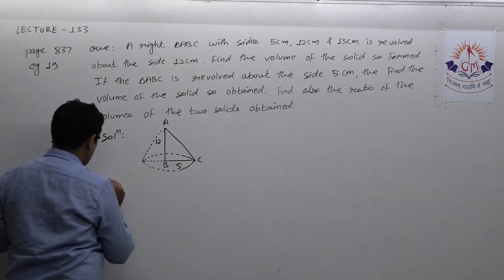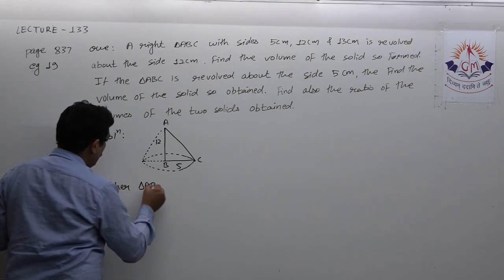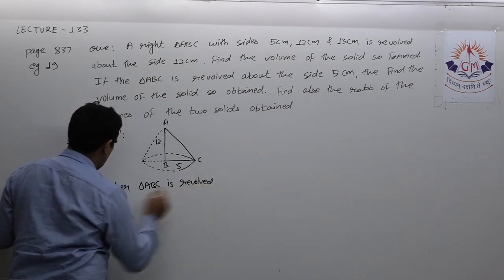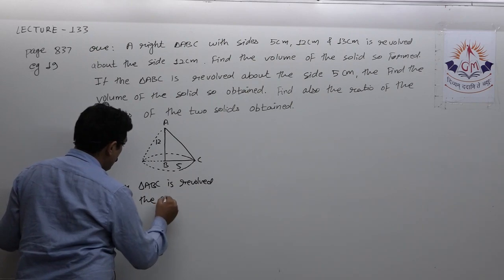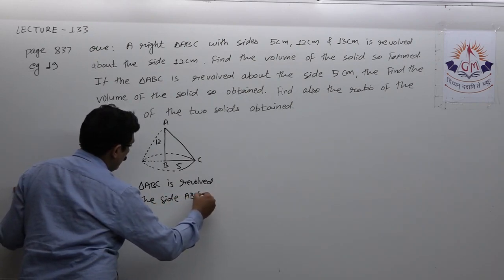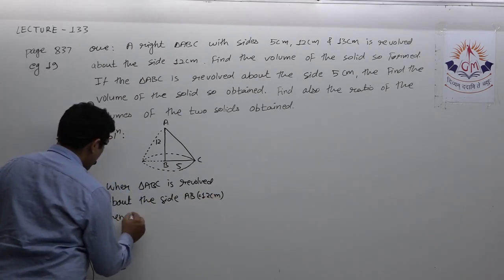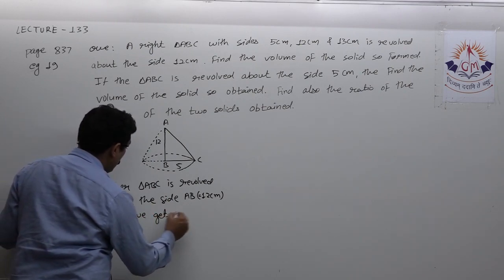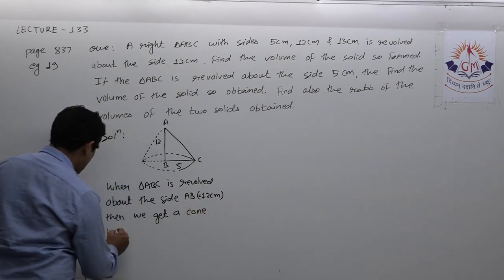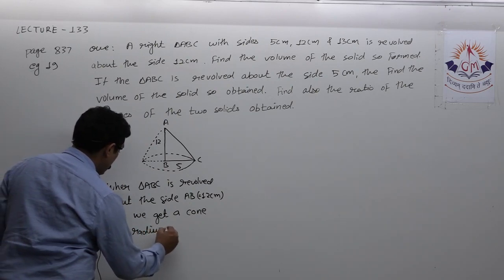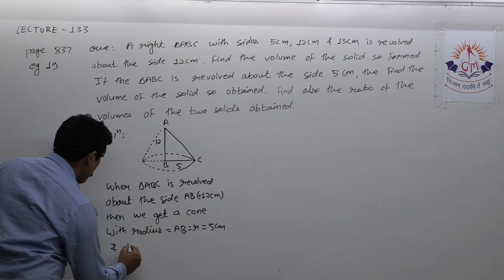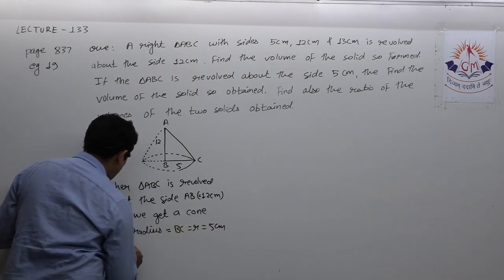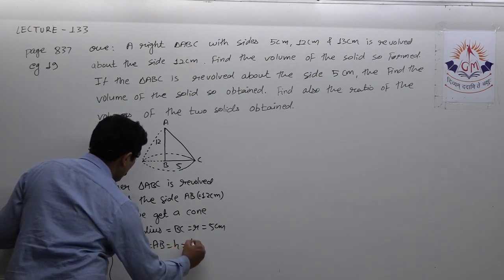So here we write: when triangle ABC is revolved about the side AB equal to 12 centimeter, then we get a cone with radius r equal to BC equal to 5 centimeter, and height h equal to AB equal to 12 centimeter.